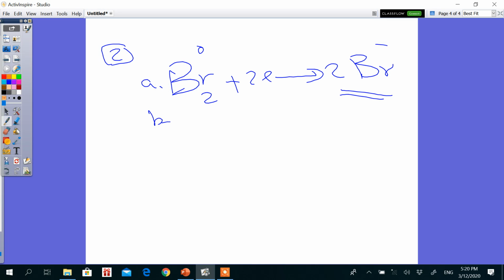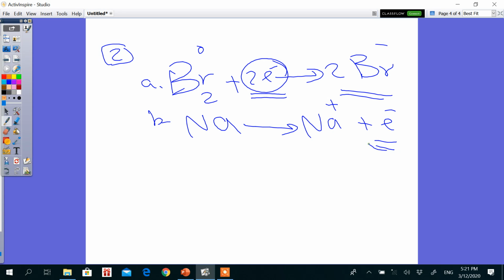Number B, Na positive plus electron, so it is easy, it is oxidation. The previous one is reduction because gaining electrons, but that one is oxidation because losing electrons.